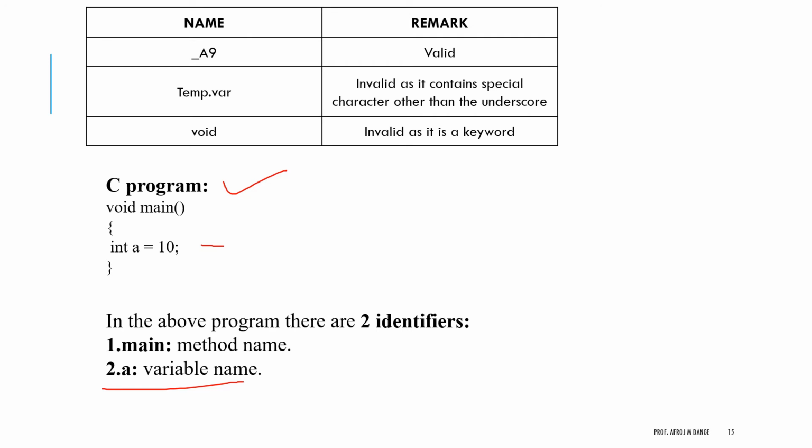Another example: _a9 is valid as an identifier. temp.variable is invalid because it contains a special character other than underscore, and a keyword is invalid because we cannot use a keyword as an identifier, since a keyword is a reserved word.